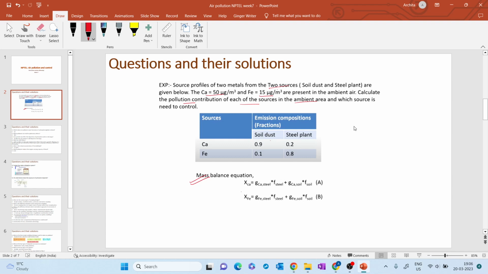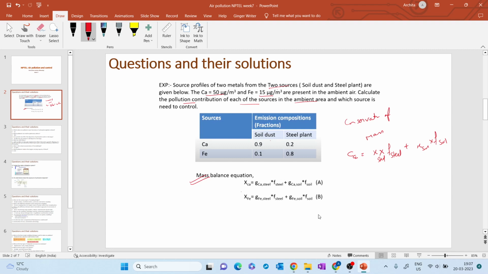because we know that emission inventories work on the principle of conservation of mass. So here what they did is that x is concentration, so concentration of any element is equal to the emission fraction multiplied by the amount that it can affect, right? And same for soil, that what is the fraction of soil that has calcium multiplied by the amount of soil that can affect, right?